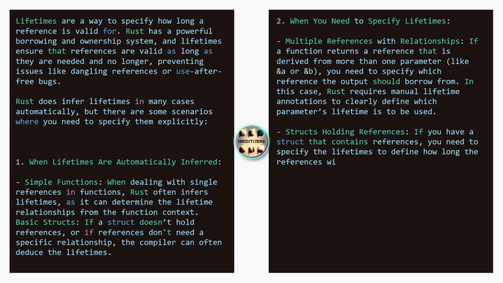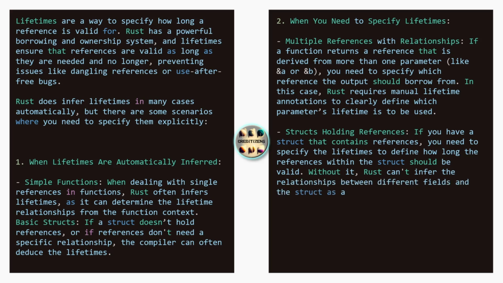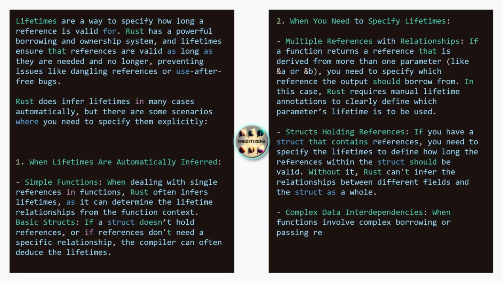So Rust needs to know which variable, because you're just using references and you're going to be returning something, and it needs to know which reference is going to be living the longest, the shortest, so that it can deallocate those memory spaces.